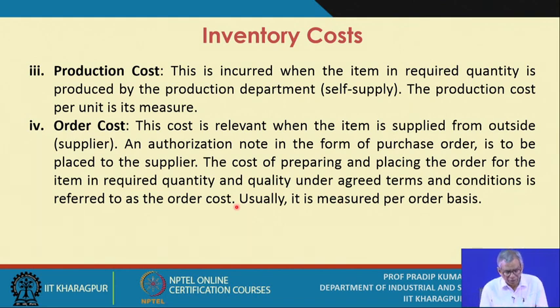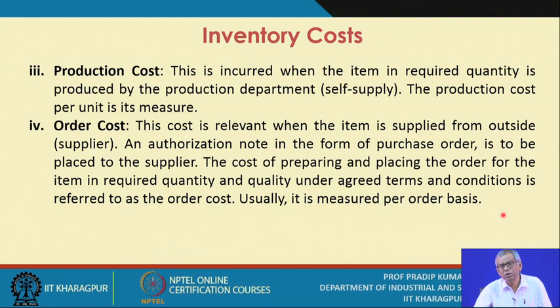So all the activities are to be noted down, and then you must have the corresponding cost estimates, and this exercise you follow rigorously, and you will get an estimate of the ordering cost with minimum error, and usually it is measured on a per order basis. That means ordering cost per order.